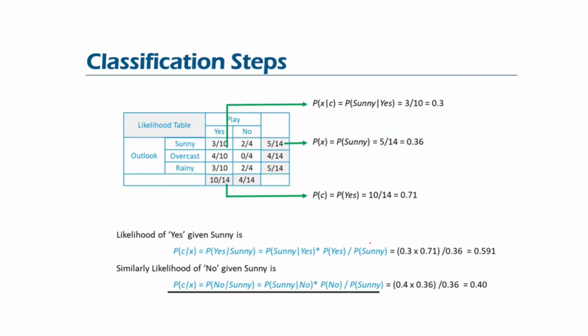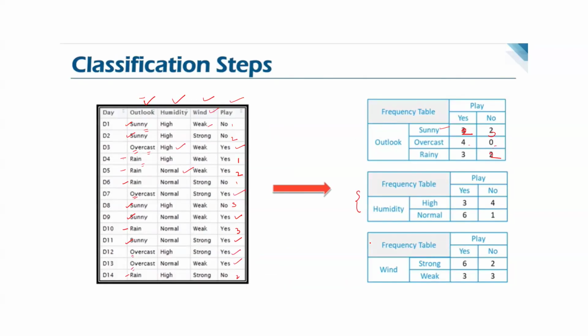Okay. Now, next one is finding out the likelihood of the probabilities. Now, we have to find out the probabilities of this one. Let us construct this one.